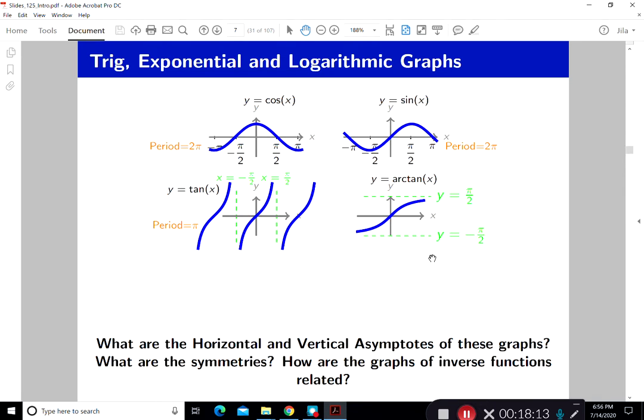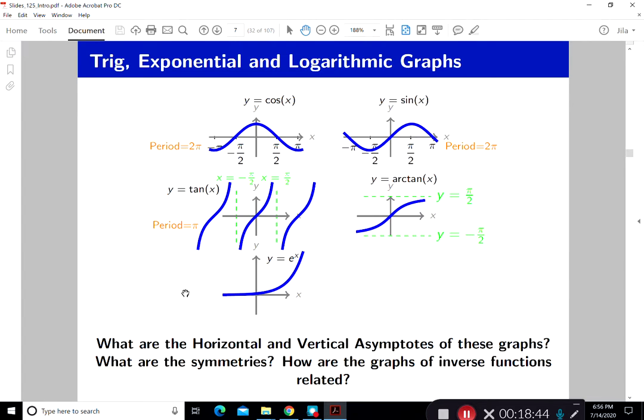Now, compare these two. Tangent of x has vertical asymptotes, and arctangent of x has horizontal asymptotes, which is what you expect from inverse functions. Tangent of x has infinitely many asymptotes, but because arctan of x is the inverse of the restricted tangent, it only has 2 horizontal asymptotes.